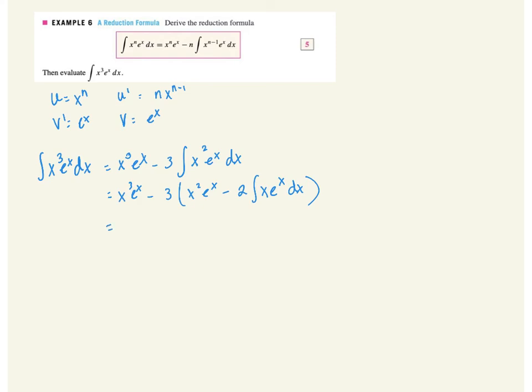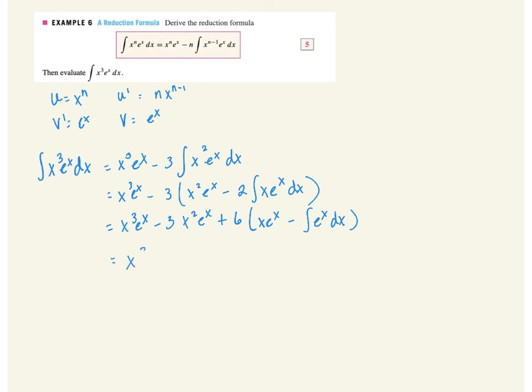Then we would have x cubed e to the x minus 3x squared e to the x plus 6 times quantity of x e to the x minus integral of e to the x dx. And now we no longer have this power using the reduction formula, so we can just antiderive that e to the x at the end.